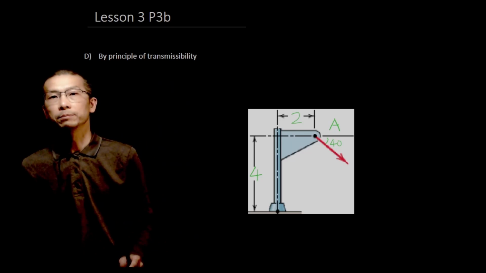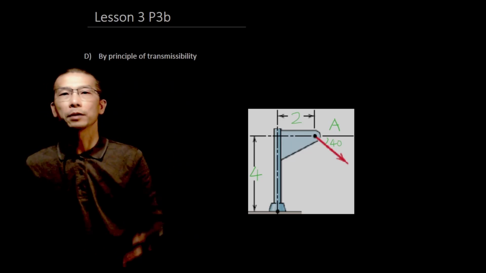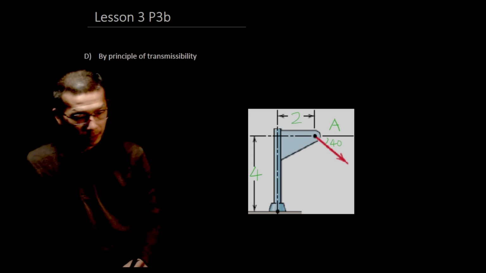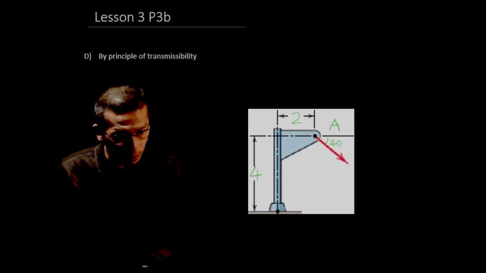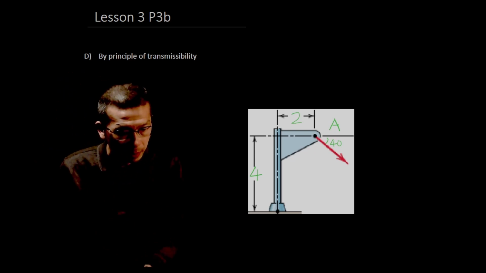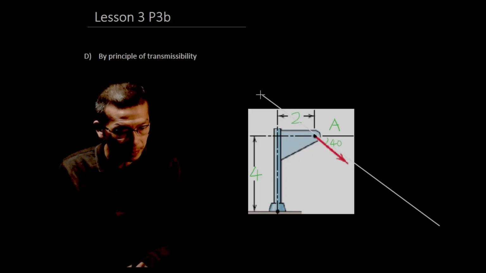Okay, our last method, by the principle of transmissibility. For that, let's draw a line again along the line of action. So I'm going to start, let me guess, probably from here. Okay, that's not bad.